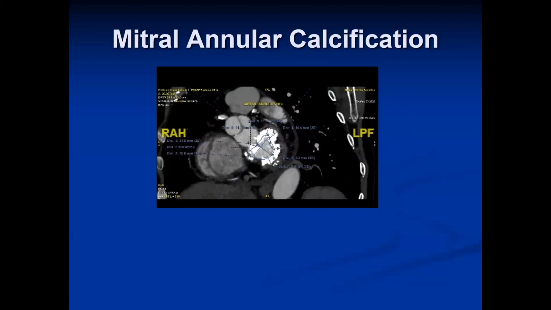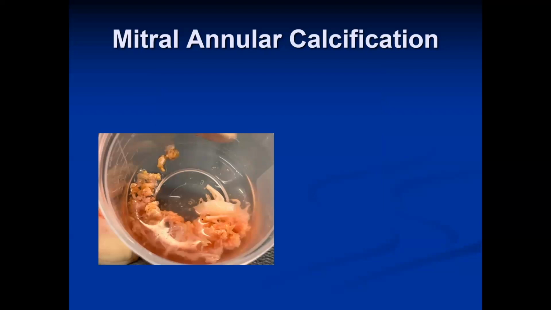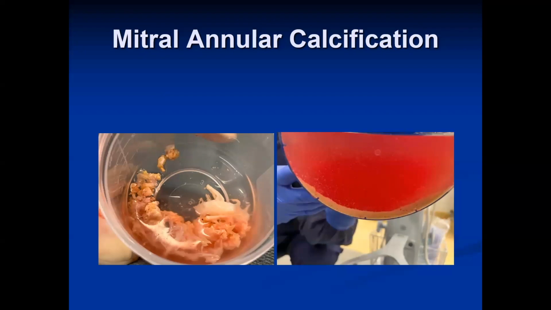So this is a patient of ours that had severe MAC that went to the operating room. This is the degree of calcium that we took out from, not the leaflet, but from the annulus. And look at the CUSA device. That's not a watermelon on the side there, but actually saline that's tinged with blood from the suctioning part of the device.